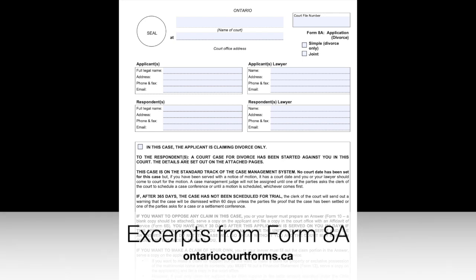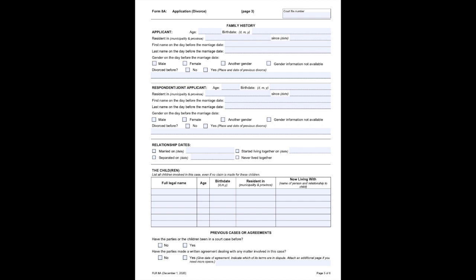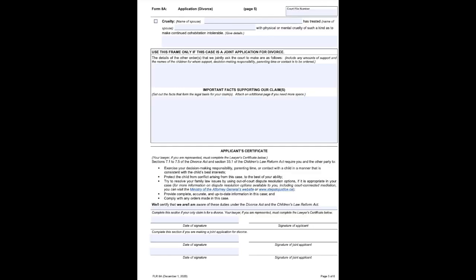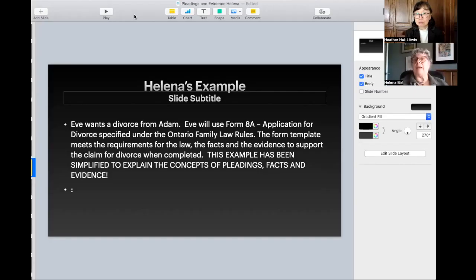Once she's completed it, the template meets all the requirements for what law is being pled, what the facts are that support why the court should grant her divorce, and also provides the evidence to prove those facts. The pleading is the Form 8 application for divorce, and it contains all this.